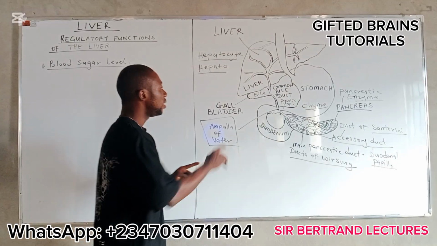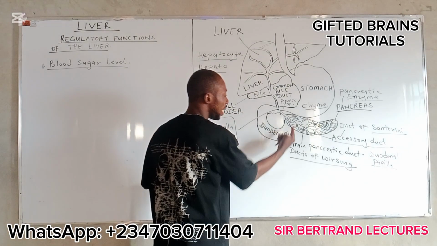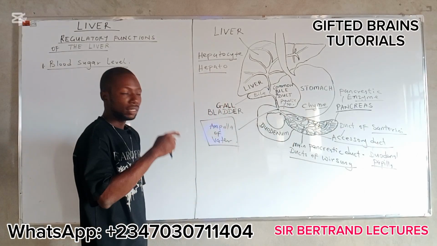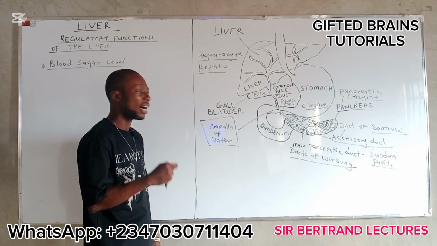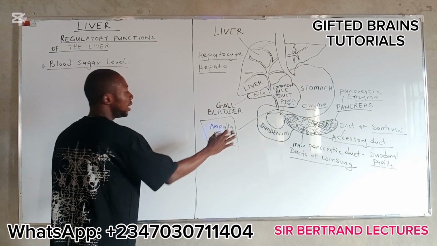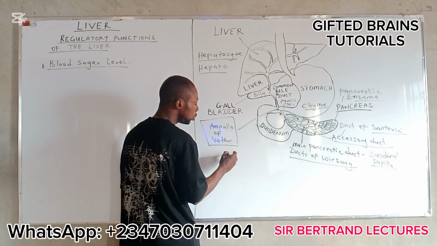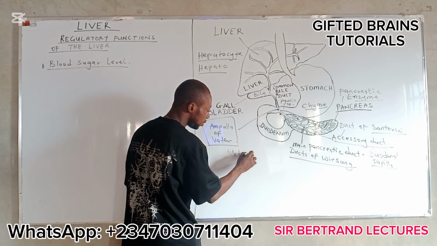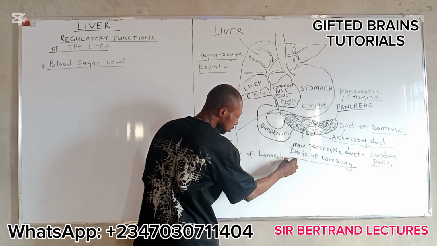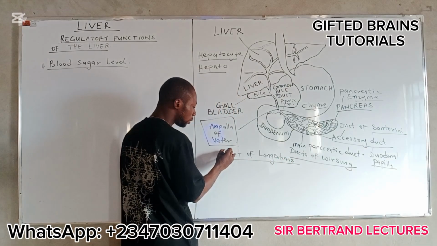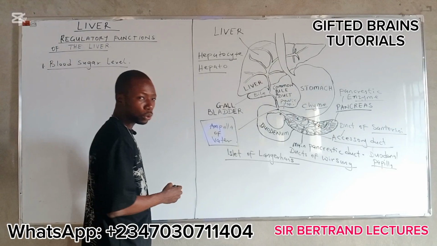The liver responds only if the pancreas produces the hormone that is responsible for regulating the blood sugar level. In the pancreas, we have what is called the islet of Langerhans. These are special cells that are responsible for regulating the blood sugar level.